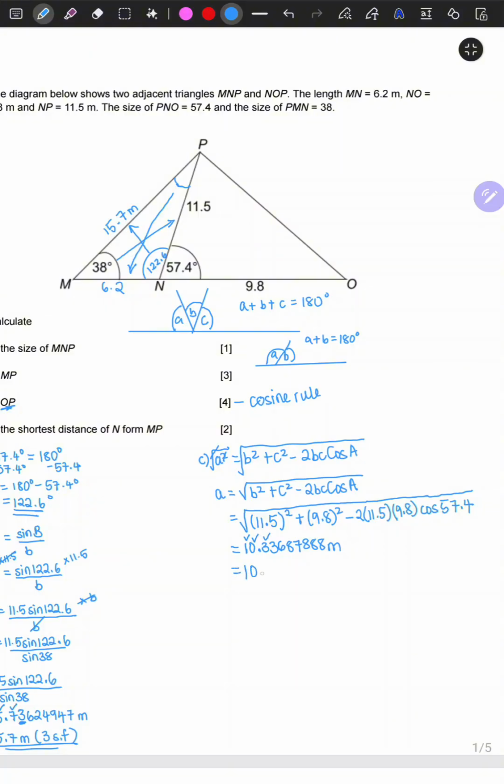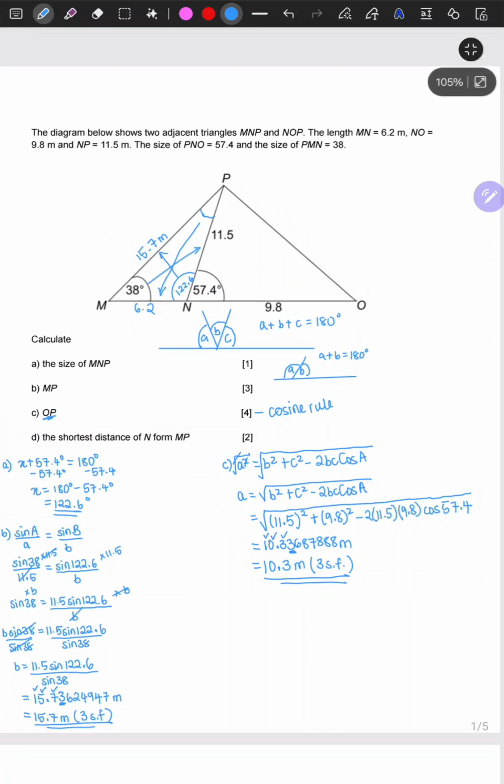That's going to give you 10.3 meters. And remember always to check the number after to see if it's 5 or greater. In this case, we're not going to round up the 3 to a 4 because it's less than 5. So we're going to say 10.3 meters to 3 significant figures.